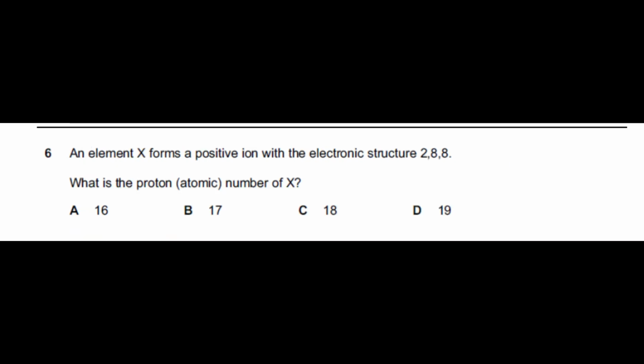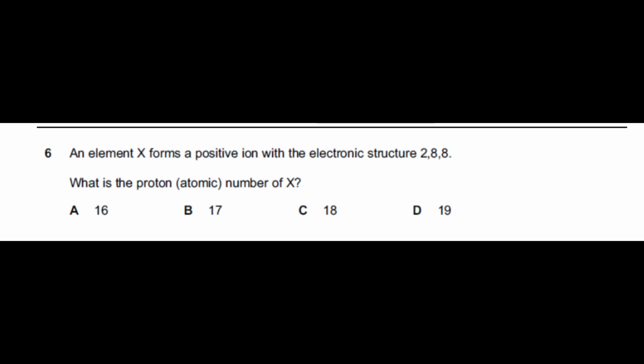The question says an element X forms a positive ion with the electronic structure of 2, 8, 8. It means that to form this electronic structure, the atom must have lost an electron. If it has lost an electron, then it should have 1 proton more than this electronic structure total. So the question is what is the proton or atomic number for this atom?